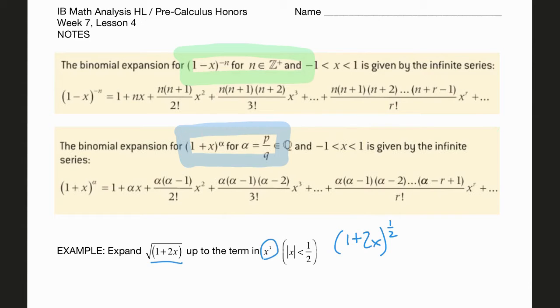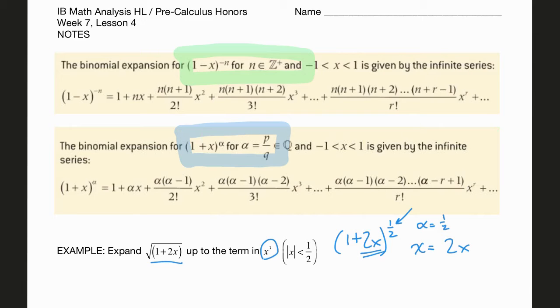So when I'm trying to plug into the formula, every place that I see an alpha symbol, I'm going to write a 1/2 because that's what this exponent is. And every place in the formula that I see an x, I'm going to write 2x. Okay, now I know that looks weird, right? Those aren't actual equations.